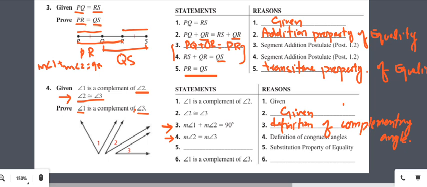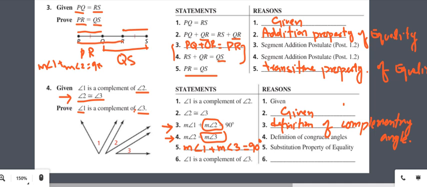This is the basic definition of congruent angles, as we did earlier with congruent segments. Now, what is my target? My target is to prove angle 1 is a complement of angle 3, right? So in this statement, I can replace measure angle 2 with measure angle 3, because measure angle 2 is also equal to measure angle 3. So I can substitute measure angle 3 here. The statement becomes measure angle 1 plus measure angle 3, and the result is 90 degrees.